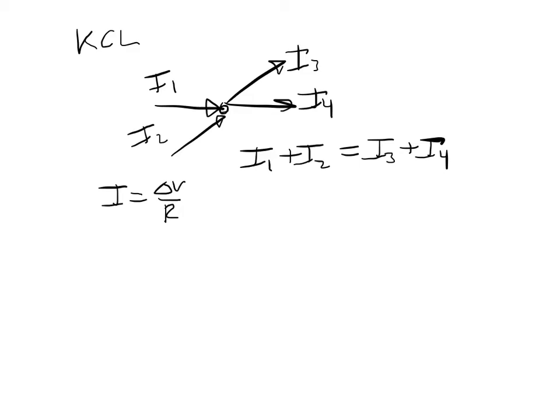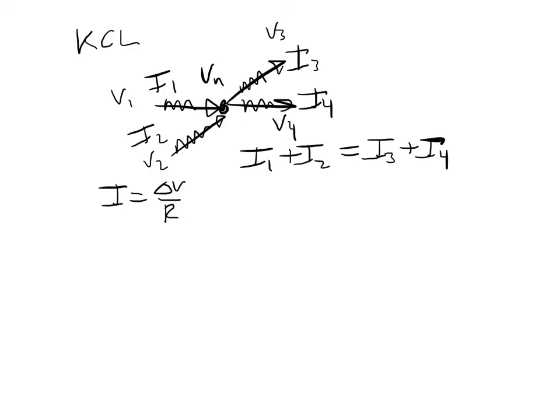For example, let's say we replace each of these currents with an actual resistor, and we have the voltage on each side of those resistors, and the voltage in the middle we're just going to call Vn. So let's say we're tasked with finding the voltage Vn.